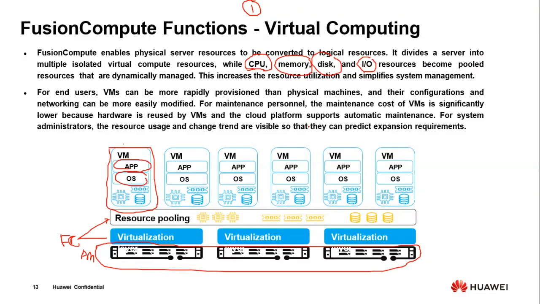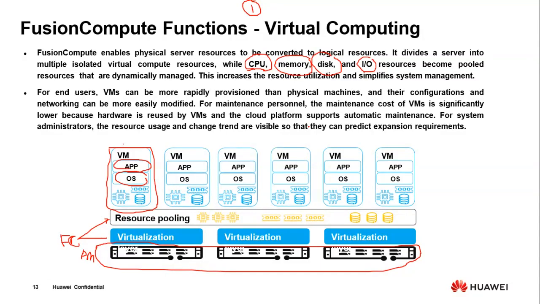For the FC, disk is separate from memory. But in the general virtualization technology that we discussed in chapter 6, disk is taken as part of memory. Okay, because of course, when we say memory, there are two types of memory. It means that there is temporary memory, which is the volatile type, like the RAM, and then we have the permanent one, which is the hard disk.